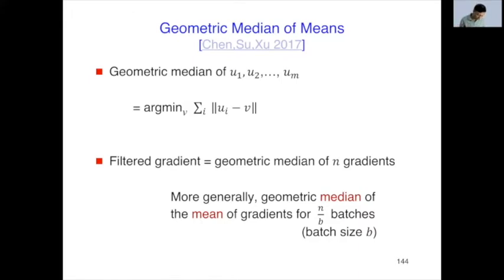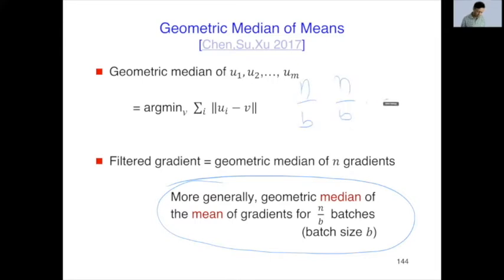If you make this set equal to all the n gradients, then that's one version of the algorithm. More generally, instead of using the n gradients as they are, we can divide the n gradients into b batches of size n/b. So this is batch number 1, batch number 2, up to batch number b. And then compute the mean gradient for each batch. So now you end up with b gradients, where each of them is a mean or average of gradients within a batch.